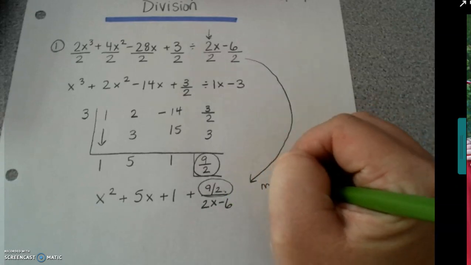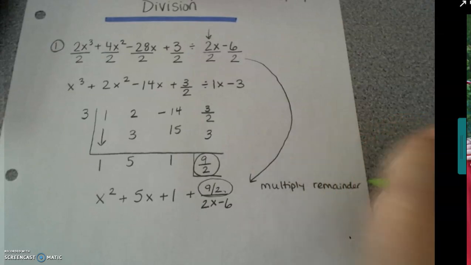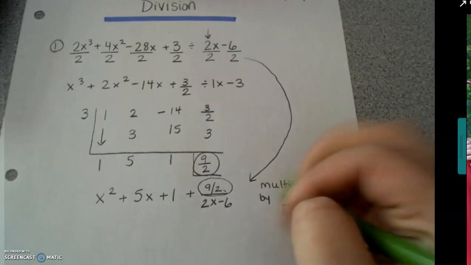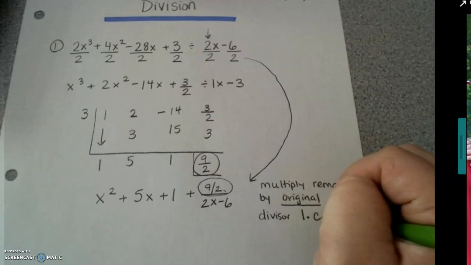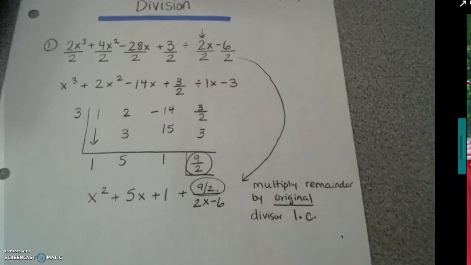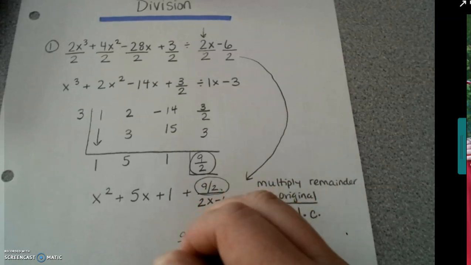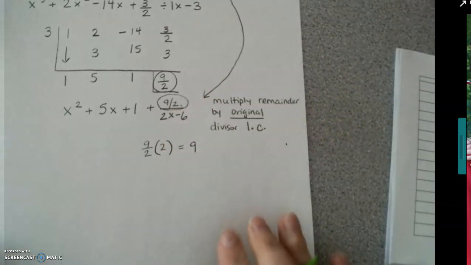So I want to multiply remainder by original divisor leading coefficient, LC leading coefficient. So 9/2 times 2 is just 9.